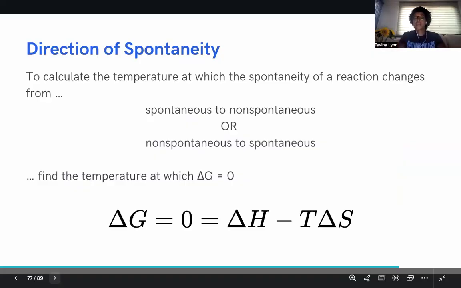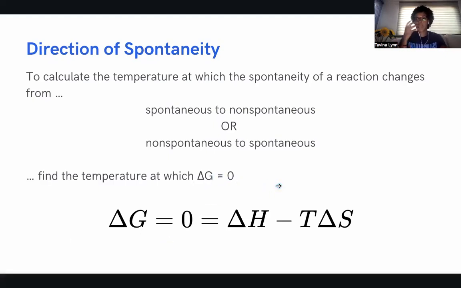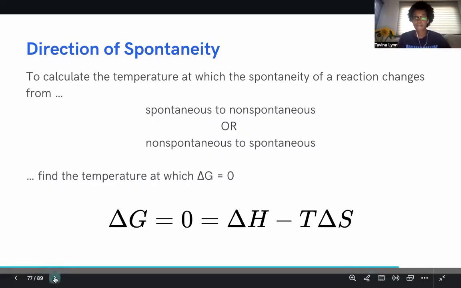So we would find the temperature at which delta G is equal to 0, because we know at 0, it's at equilibrium. So if we find that temperature at equilibrium, then we're able to see at what temperature the direction of spontaneity changes. And there are some example problems of this in the discussion worksheet for this week.